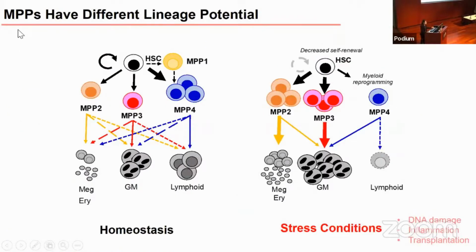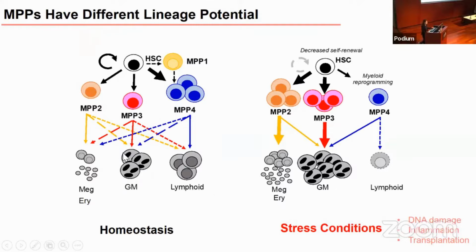Over the years, it has been shown that multipotent progenitor cells have different lineage potentials, which is very important. For example, MPP2 produces megakaryocytes and erythrocytes. MPP3 produces granulocytes and myeloid cells. And MPP4 produces lymphoid cells.